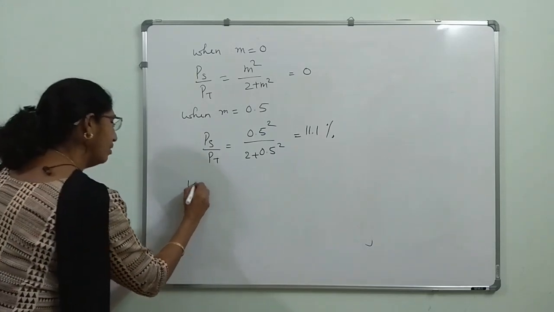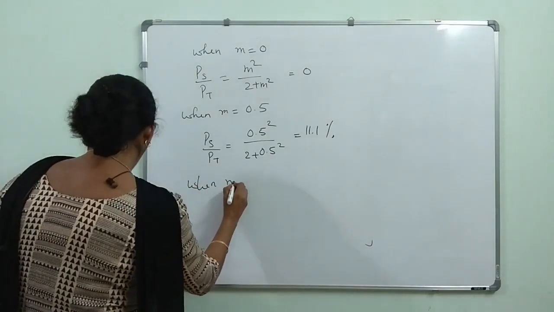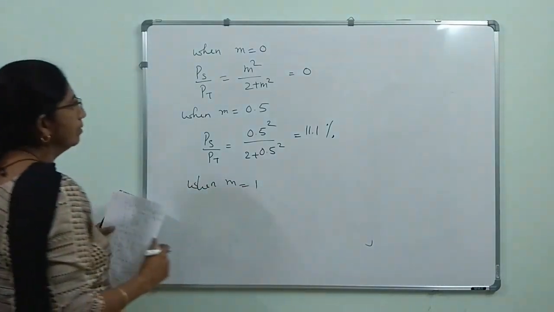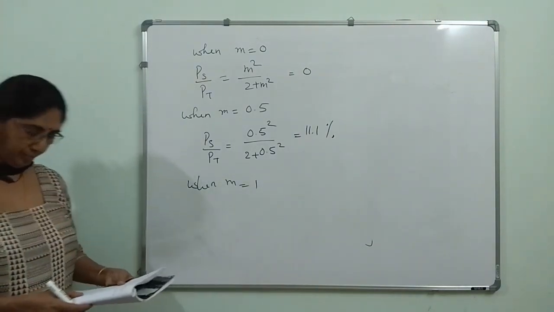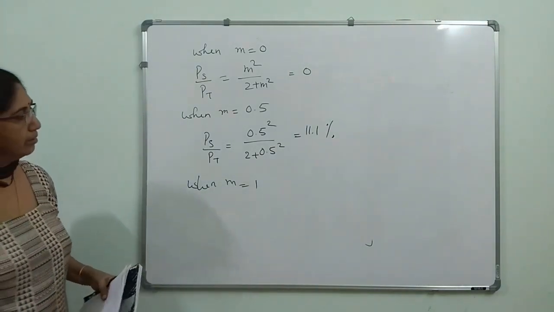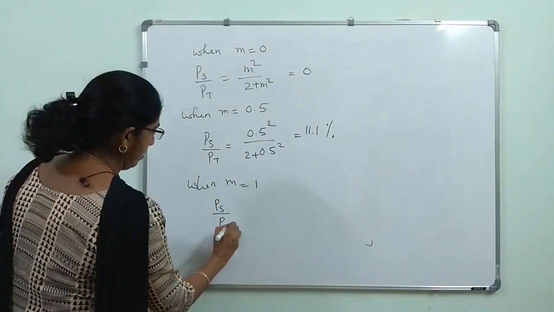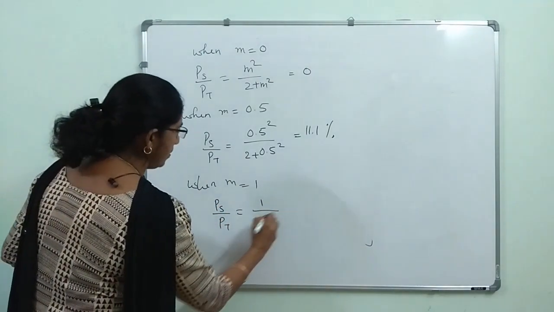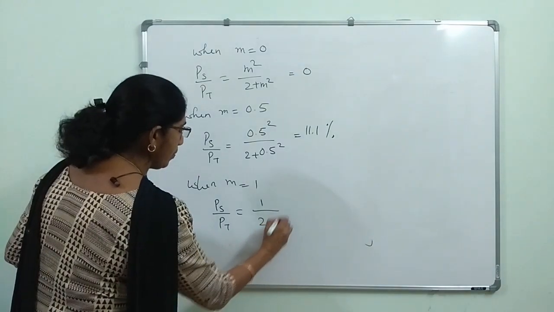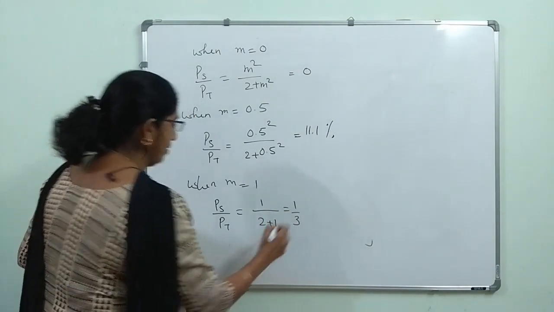Again, let us take when M equal to 1. When M equal to 1, PS by PT will be 1 by 2 plus 1, that is 1 by 3.